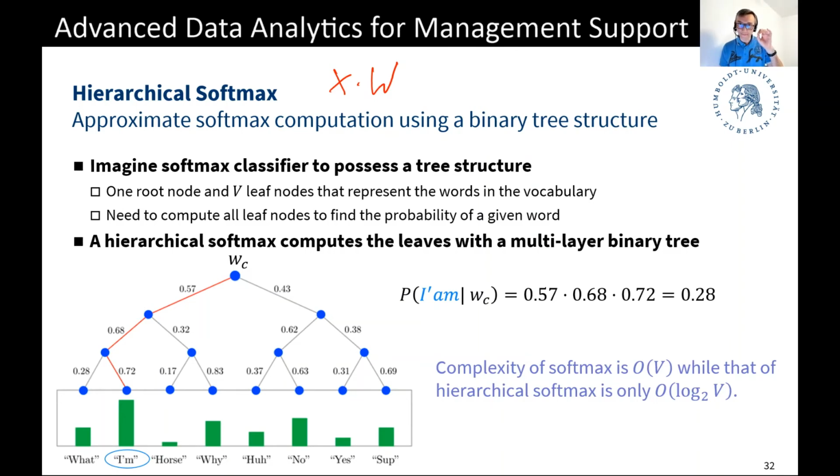The element of W prime that we are using is this one. So that's actually a word vector from W prime. And we compute the dot product.